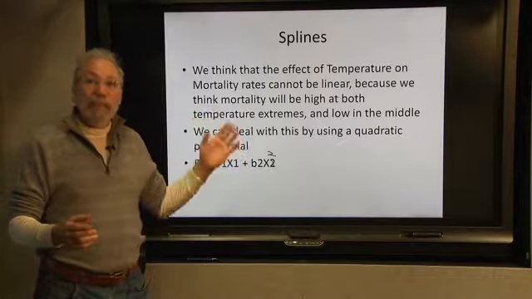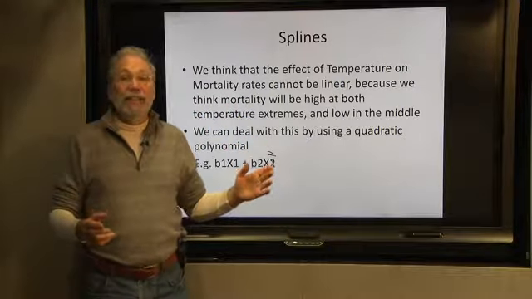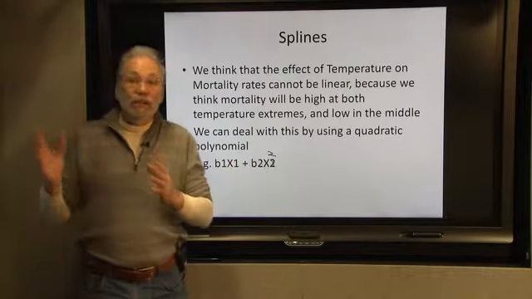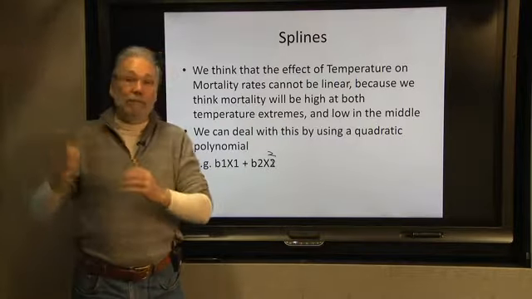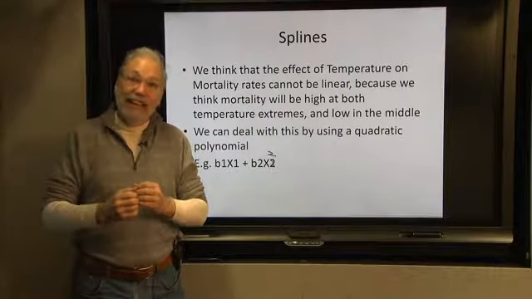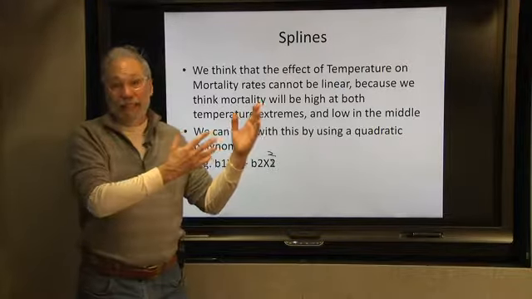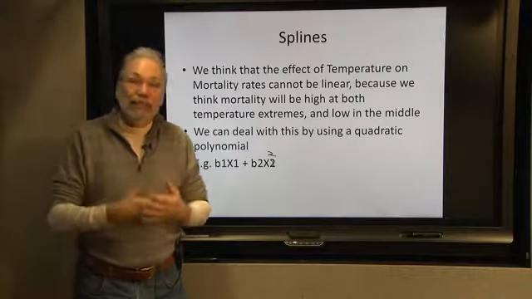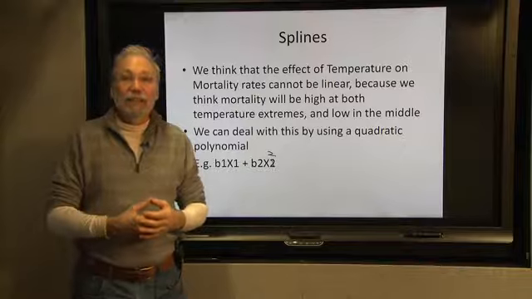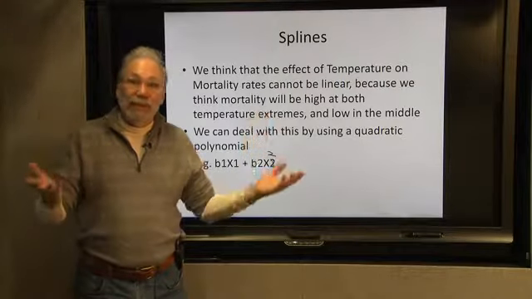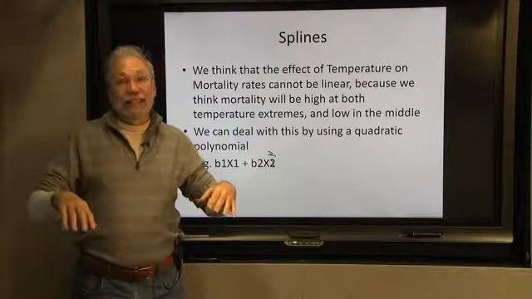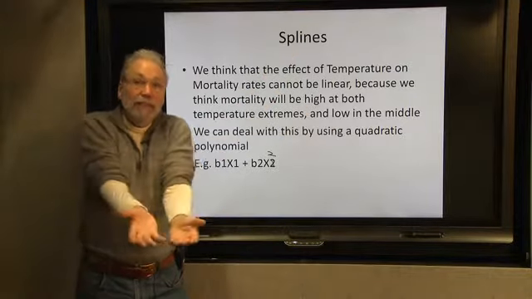And we are pretty confident that when it's very cold, mortality rates go up. And when it's very hot, mortality rates go up. So we think that the dose-response curve between temperature and daily deaths is going to be U-shaped.